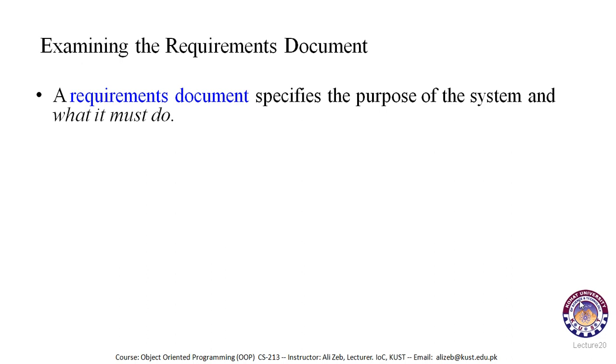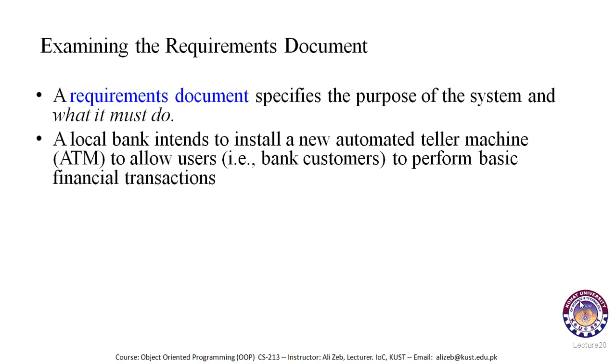For example, if you are required to develop a software for an ATM system, then the requirements document will include all of the details that are required from that software. Now you will have to go through that requirements document and try to analyze your system before you can start programming for that system.